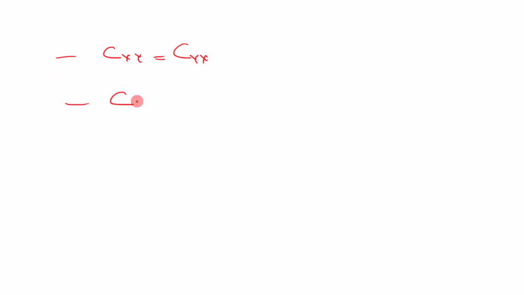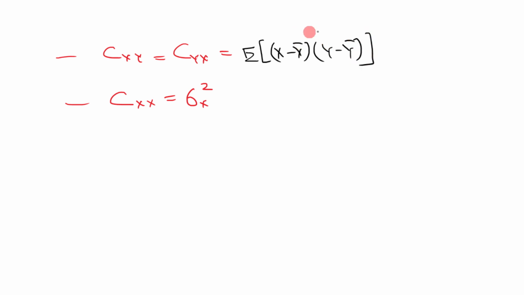Similarly, you know that this covariance can be defined as the expectation of x minus x bar times y minus y bar. Here you can change their orders, that's why this covariance is commutative.